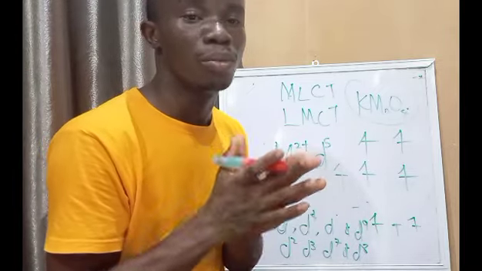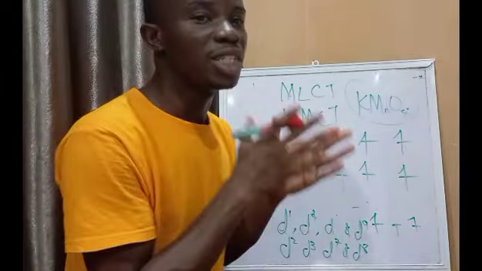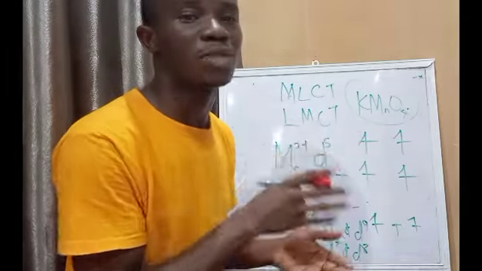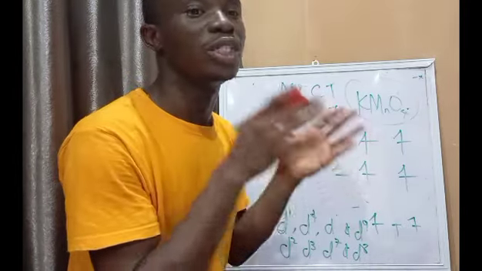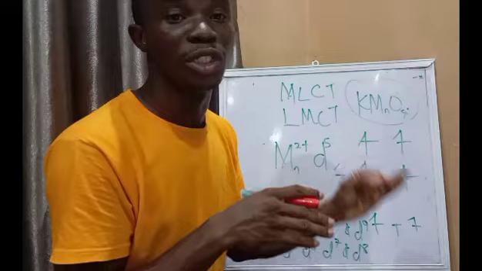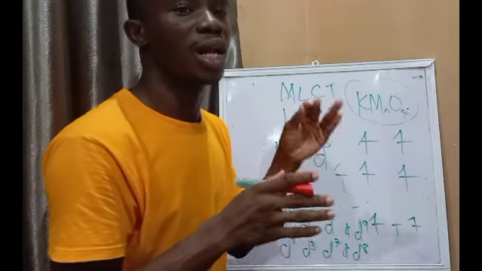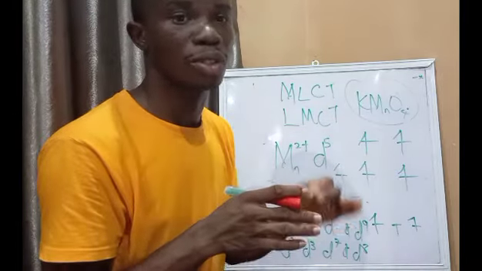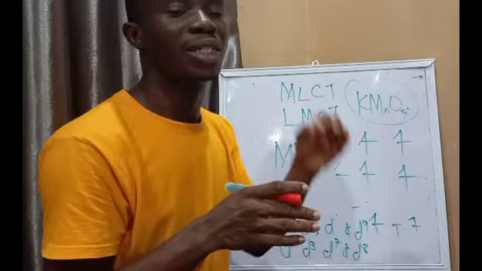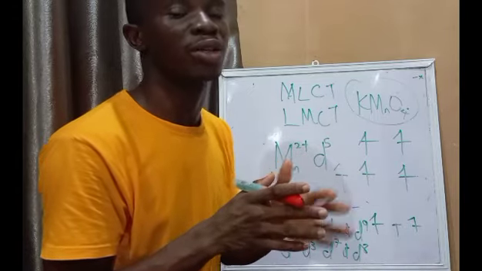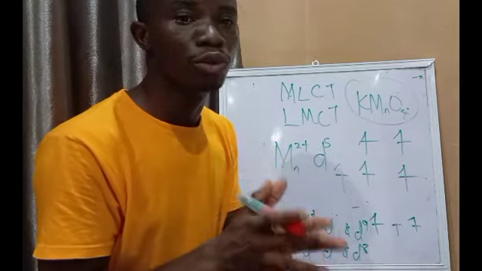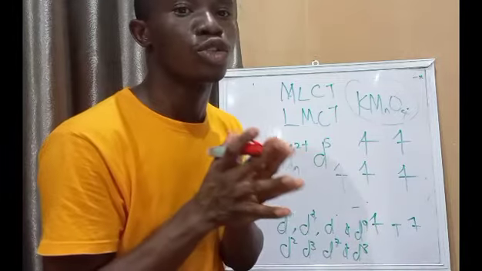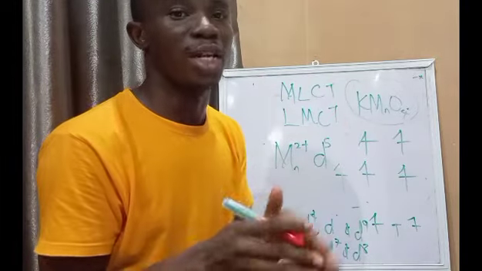In this case they are organic molecules. And the absorption band for this particular transition is found in the UV region, which is between 200 to 400. And I said the d-to-d transition occurs within the metal, and the absorption band for d-to-d transition is found in the visible region between 400 to 800.